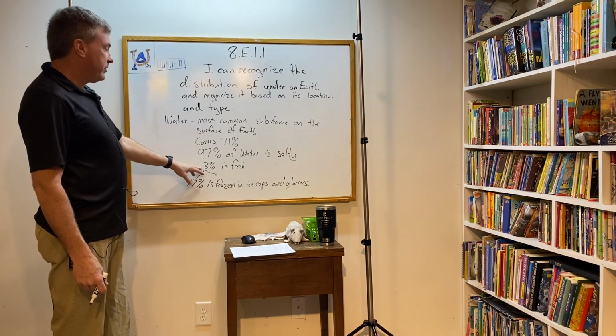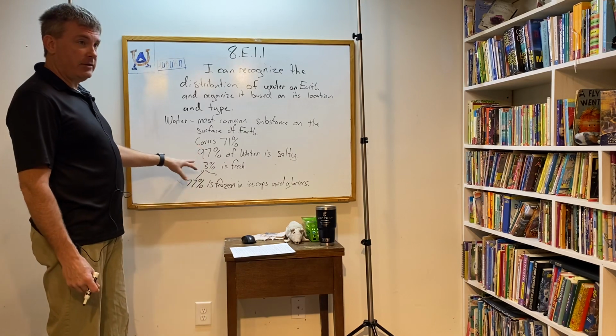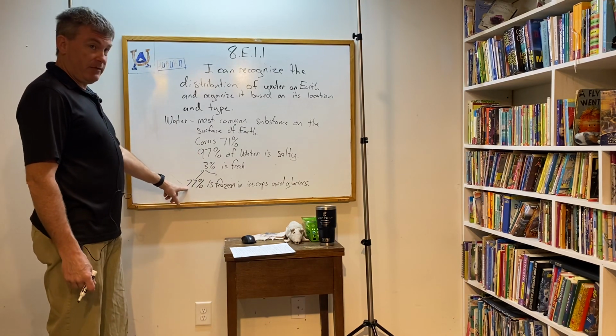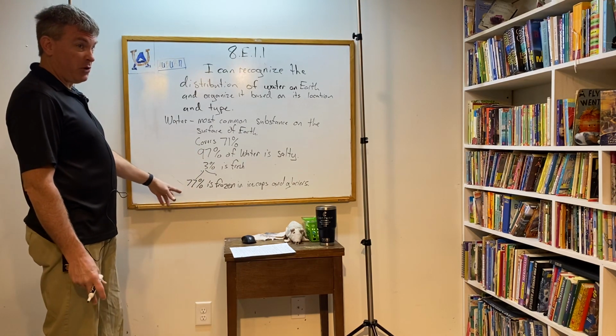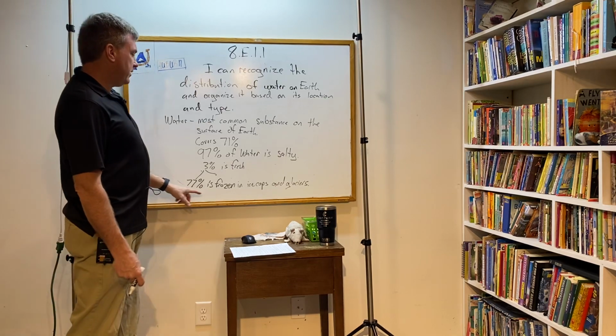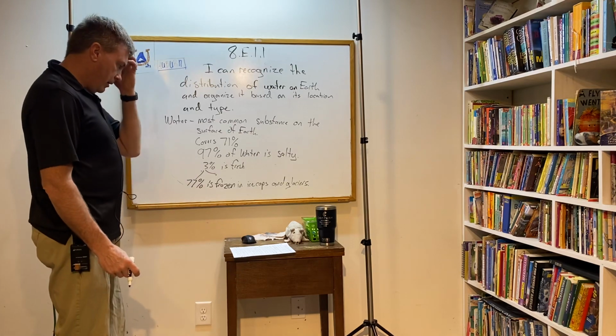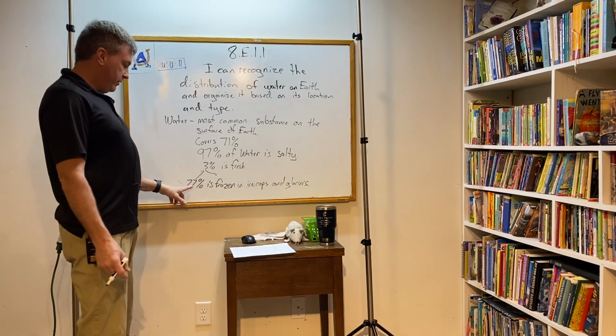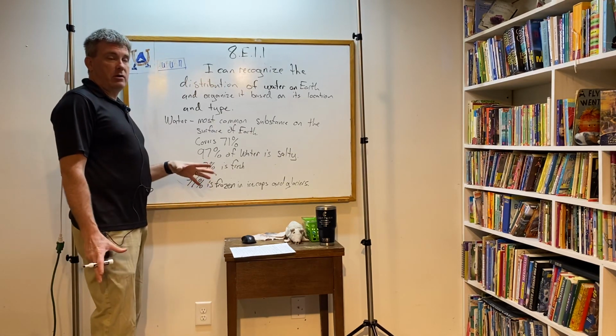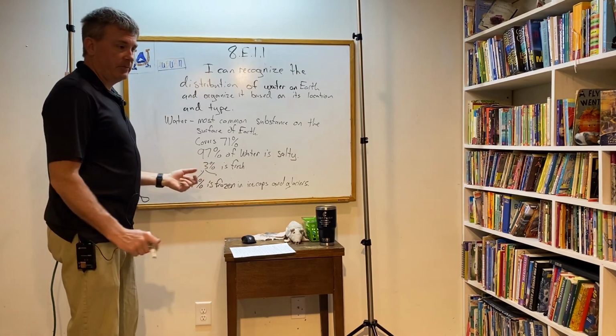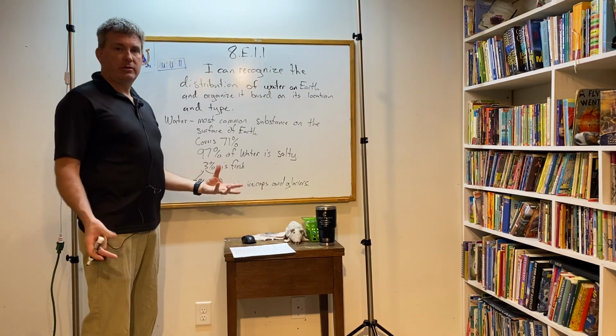So of the 3% that is not salty, 77%, three-fourths of it, is frozen in ice caps and glaciers, basically unreachable by us. So that leaves 23% of the available fresh water on the surface of the planet that is usable by humans in some form.